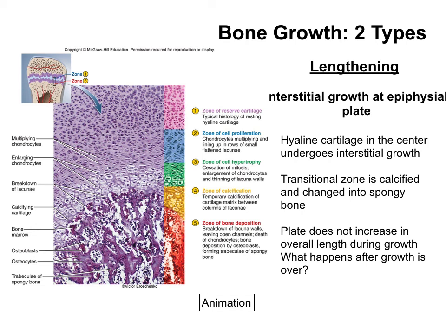So you could end up with a child where one bone doesn't grow for the appropriate amount of time, and now you have a child with one arm shorter than the other, one leg shorter than the other. So damage to the epiphyseal plate isn't something that you want to happen. It needs to be monitored if it does occur.